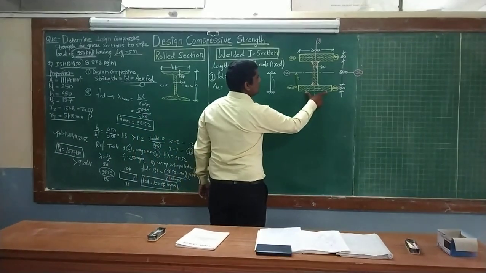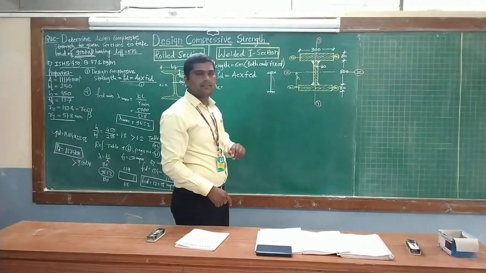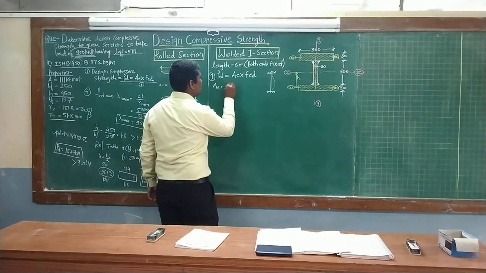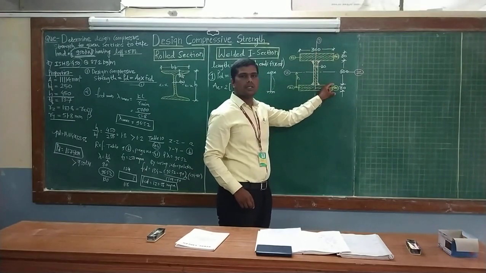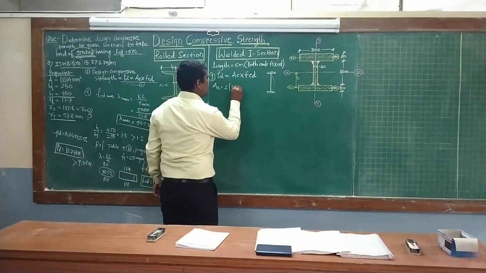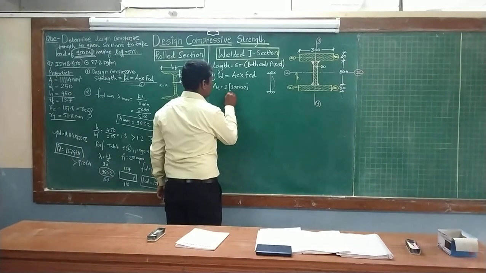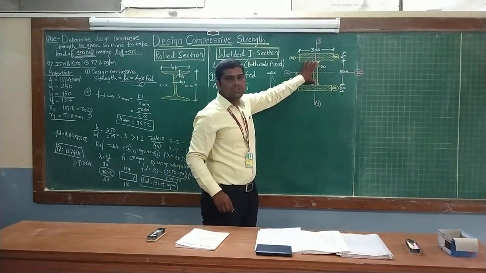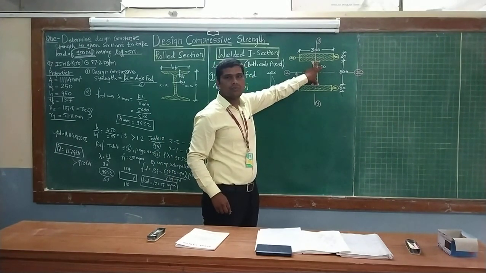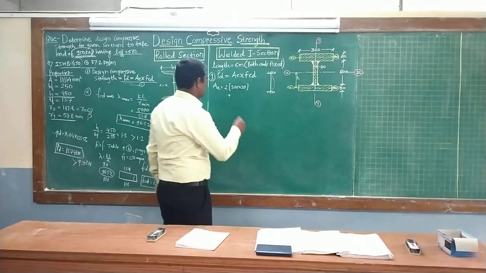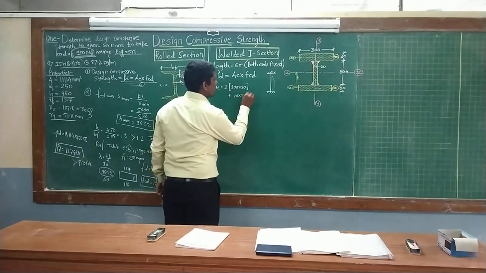Two flanges are there, top and bottom, with the same cross section, so twice 300 into 30, plus the web, with thickness 20 mm and depth 500 mm, 20 multiplied by 500.